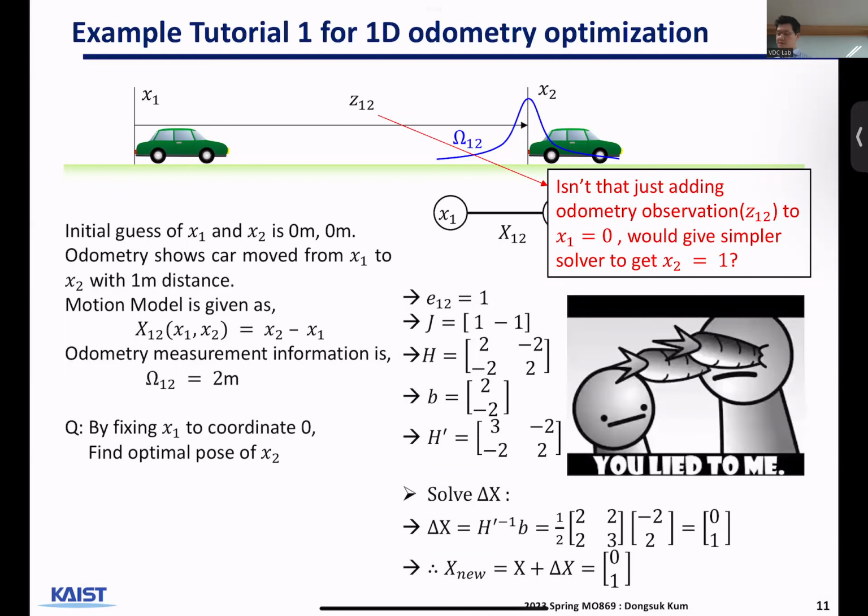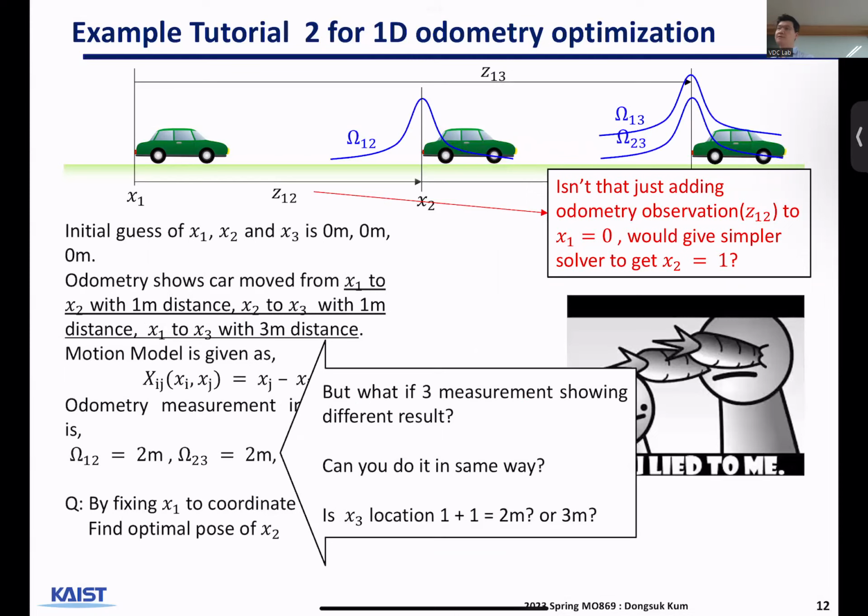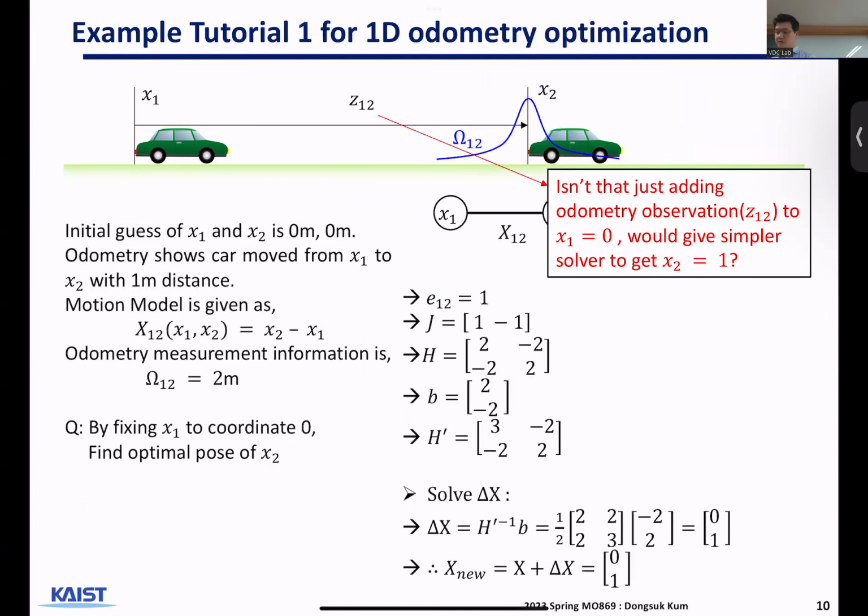But what if there are more measurements and the system becomes more complicated? The problem becomes more complicated. So in this case, there was no conflict between multiple measurements, right?